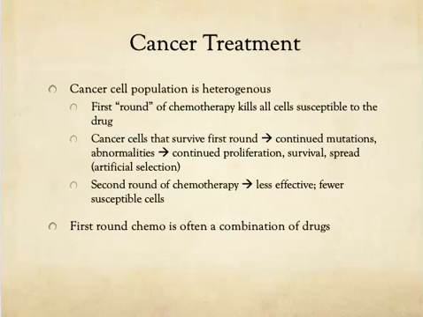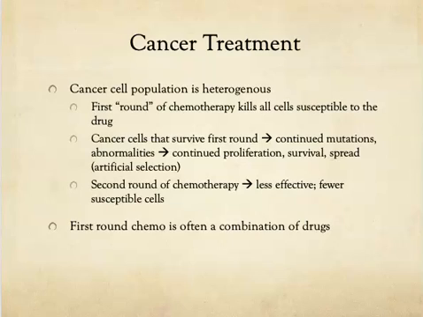The important thing to know about the treatment of cancer is this. A tumor does not contain many, many copies of one type of cell. These cells are heterogeneous. They have varying traits from cell to cell to cell. Individual cells are going to gain mutations differently than other cells. So there is no one kind of cell in a tumor.